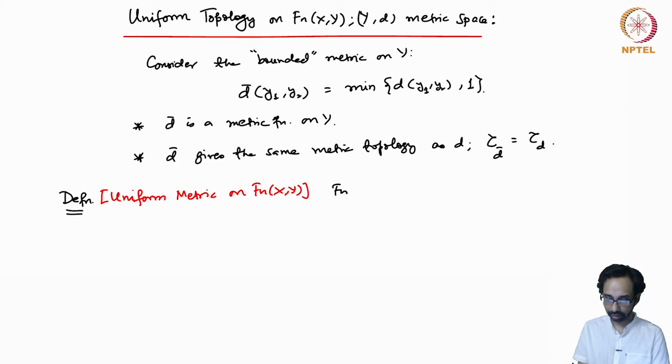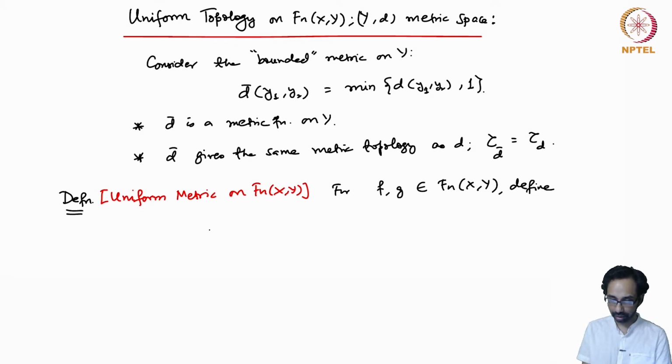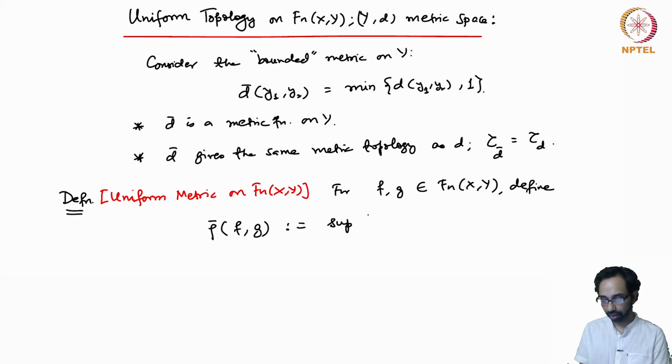For f and g belonging to Fn(X,Y), so f and g are functions from X to Y, need not be continuous, arbitrary functions, we define the function rho bar, which takes as input two functions f and g, as the supremum of all the values d bar(f(x), g(x)).